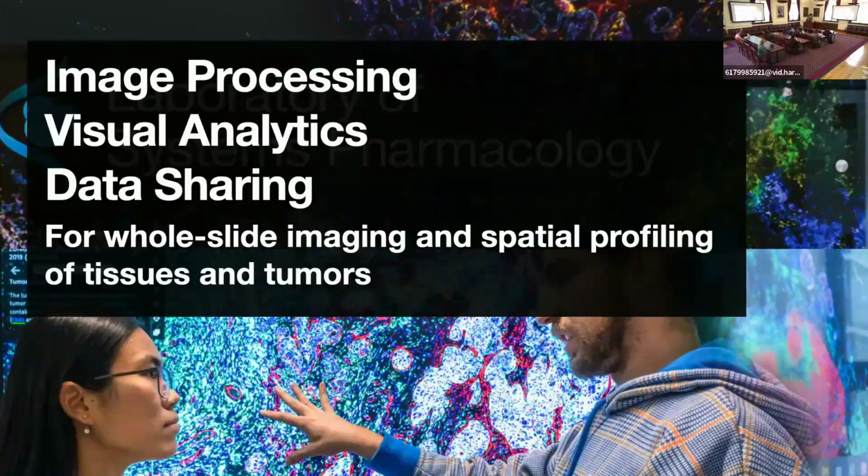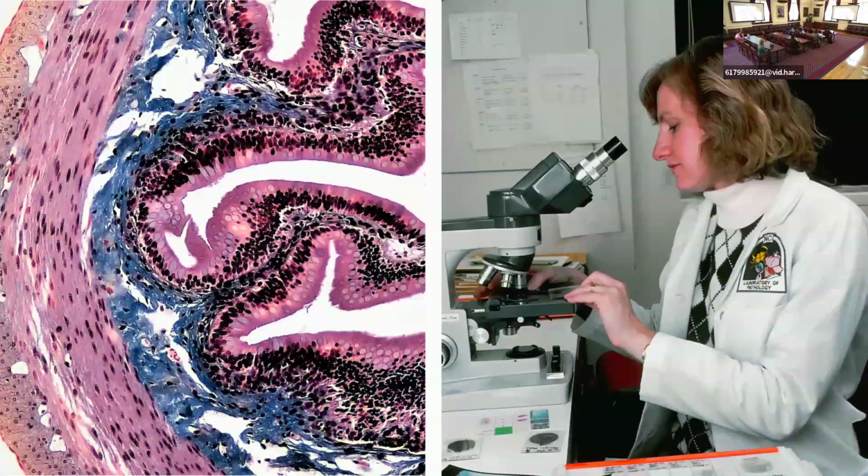So why spatial analysis of tissues and tumors? We have in medicine over 100 years of histopathology of expert medical practitioners looking down an old classic microscope at thin sections of tissue stained with generally hematoxylin and eosin to visualize nuclei and certain other tissue morphology and cellular components.